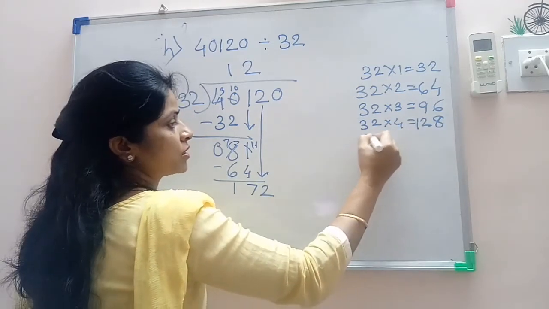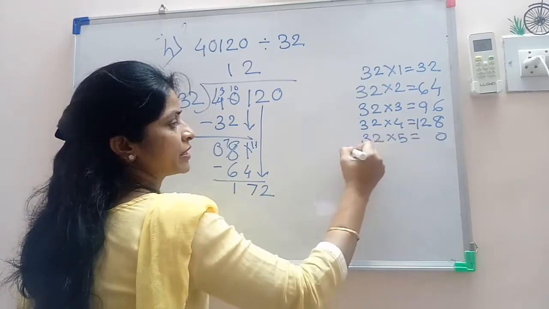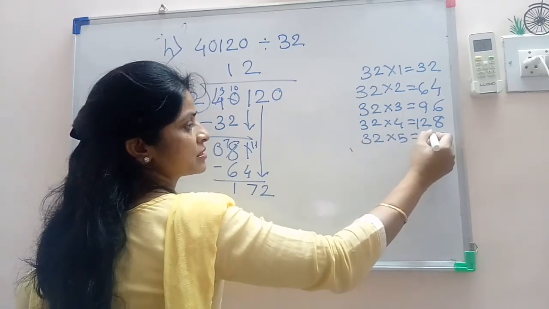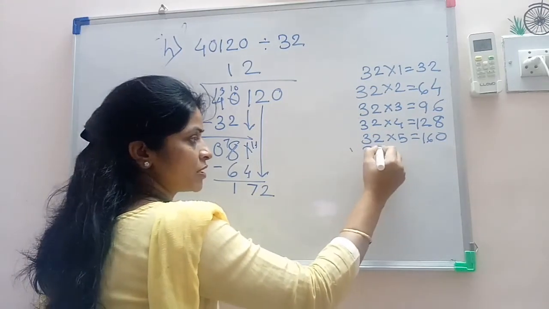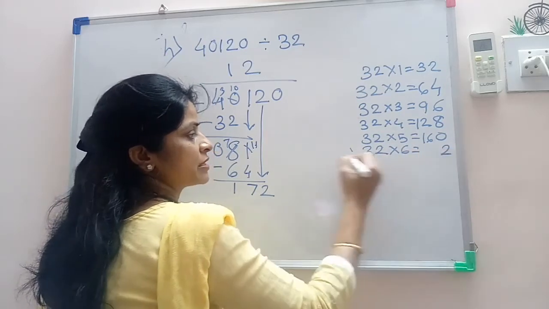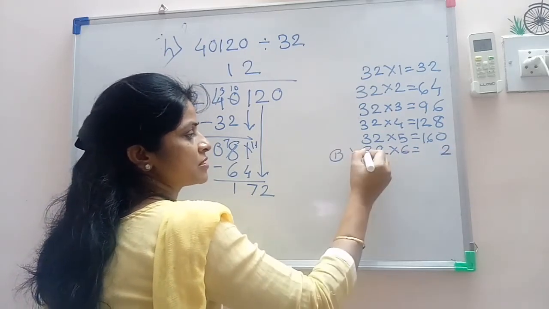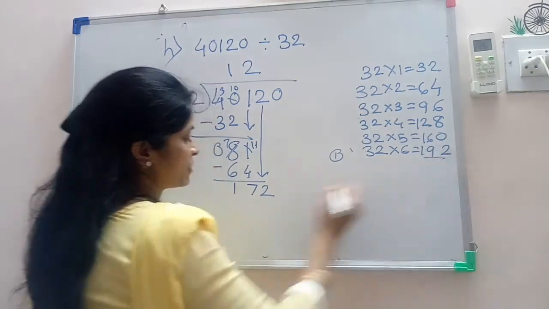Okay. Now 32 fives are 10, 1 carry 15, 16. Okay. Now 32 sixes are 6 twos are 12, 1 carry, 6 threes are 18 plus 1, 19. It is greater than 172.